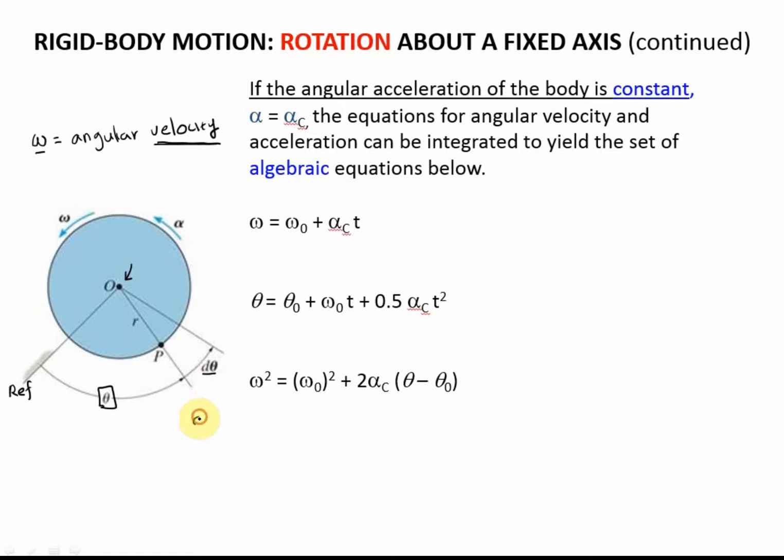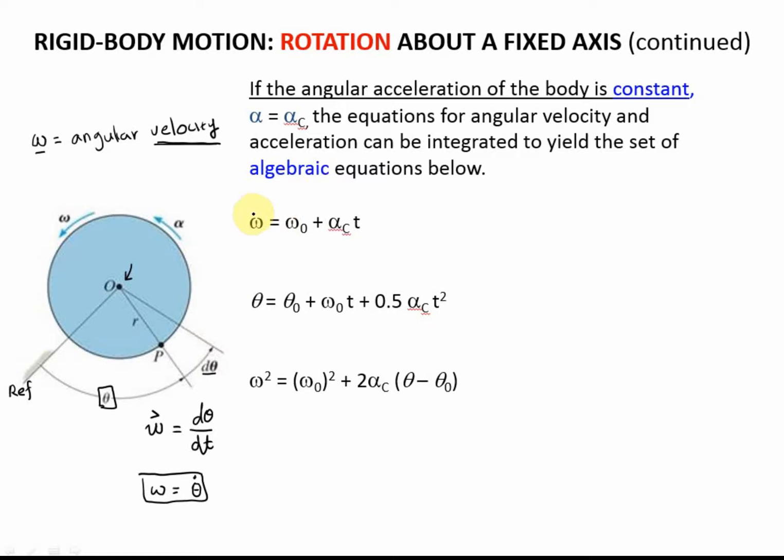That's why d theta over dt becomes your instantaneous angular velocity. Many times we use omega, or that is the time derivative of theta, so we sometimes use theta dot. So theta dot or omega refers to angular velocity.